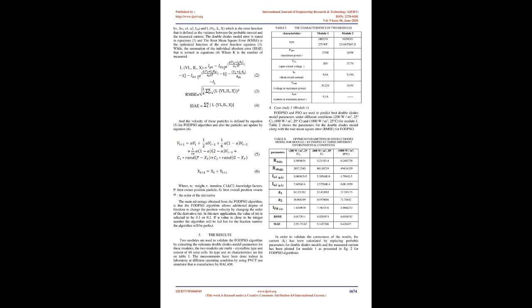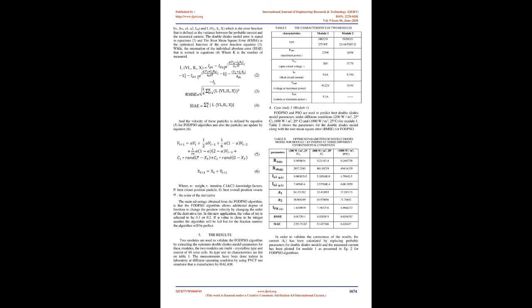Where IL is the load current, VL is the terminal voltage, Q is the electronic charge, K is Boltzmann's constant equal to 1.3806503×10^-23 J/K, and T is the cell absolute temperature in Kelvin. FODPSO algorithms have been identified by the particles, X, and the velocity, v, of its particles. 11.